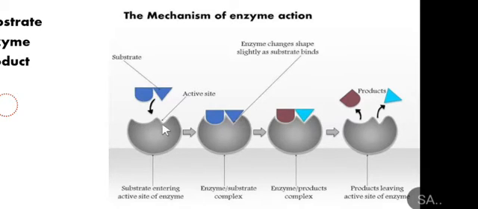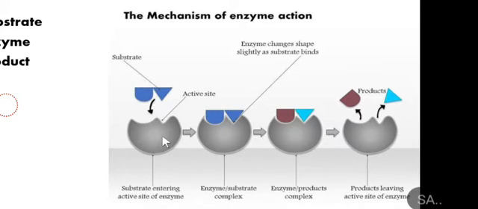But you can see this active site is slightly not matching with this shape. So the enzyme's active site is flexible, so the substrate can easily bind to it. What happens?